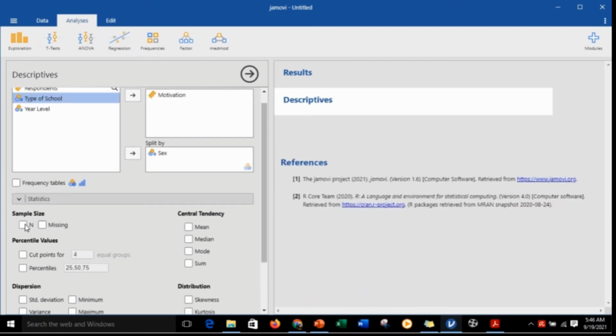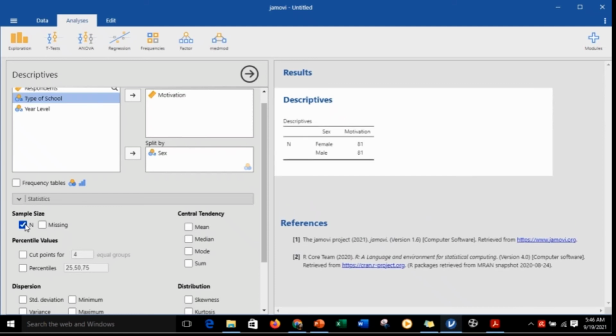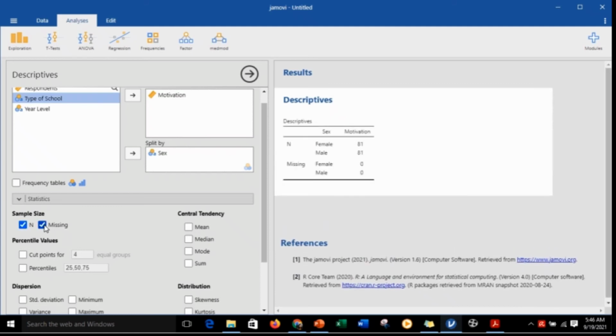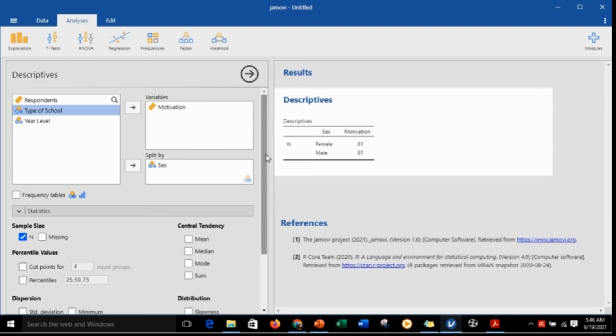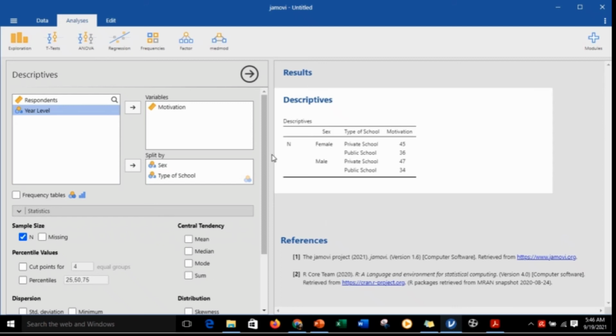So let's start with the sample size, which will show the frequency. And if we click missing, it will tell you if you have some missing data from the participants. We can uncheck that. So we can see the number of male and female we have in the respondents. Let's try to add other variables. So this is what we call cross-tabulation.